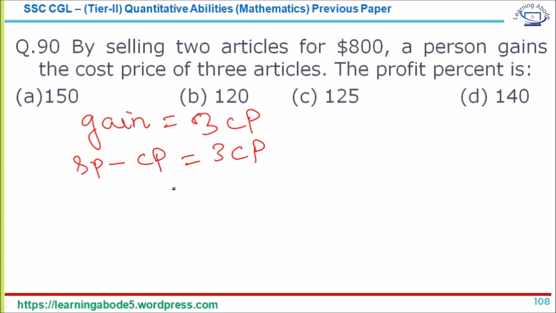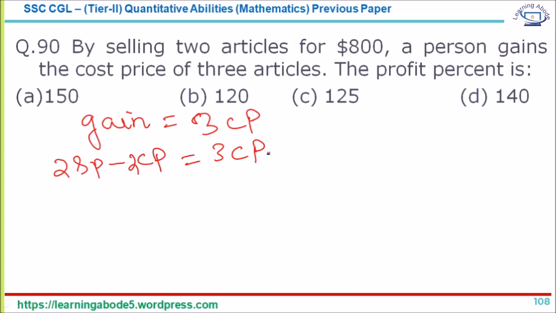Okay, but based on whatever is given, we can just proceed and try to get the answer. So by selling 2 articles, it is twice the selling price minus twice the cost price.